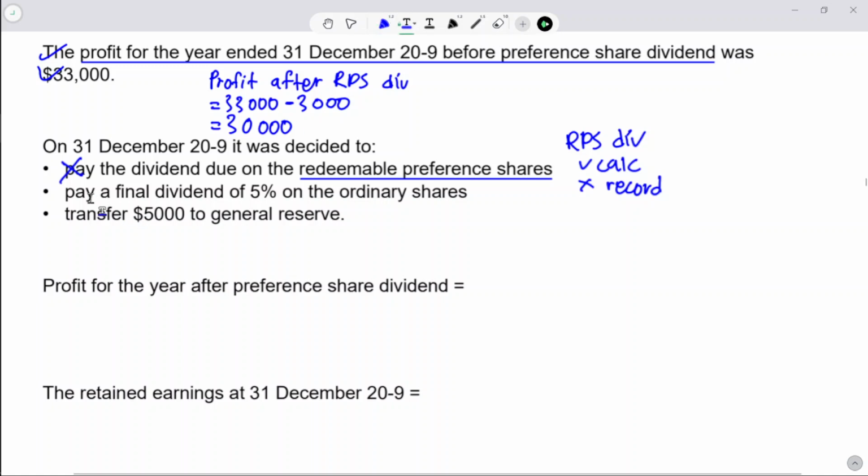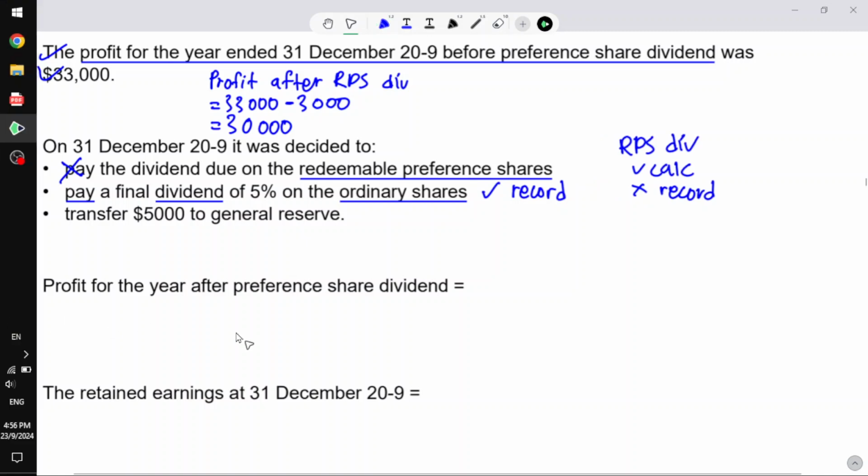Then this one is to pay a final dividend of 5%. So it is dividend for ordinary shares, dividend paid. Yeah, so record. Well, this one transfer to general reserve, later we do. Okay.